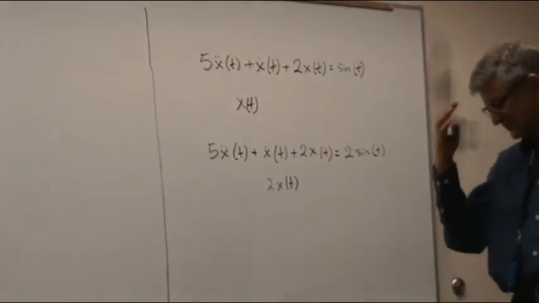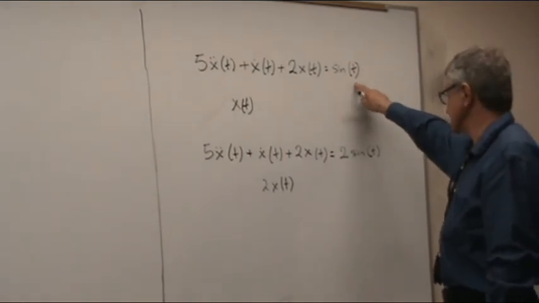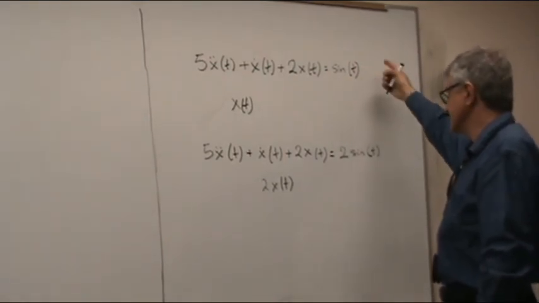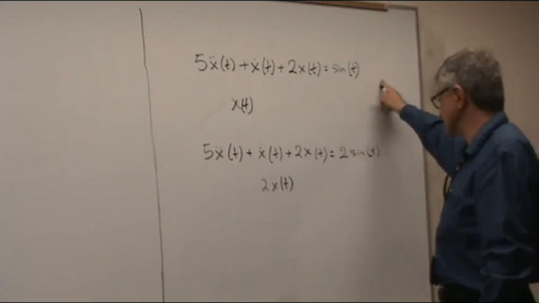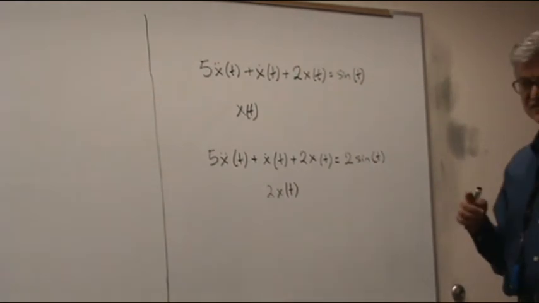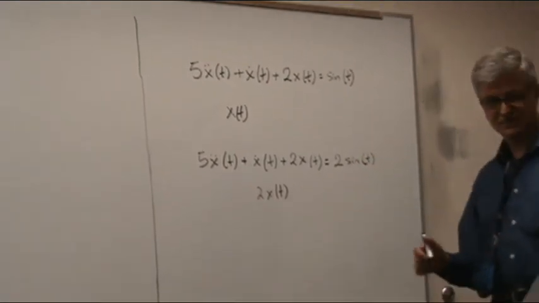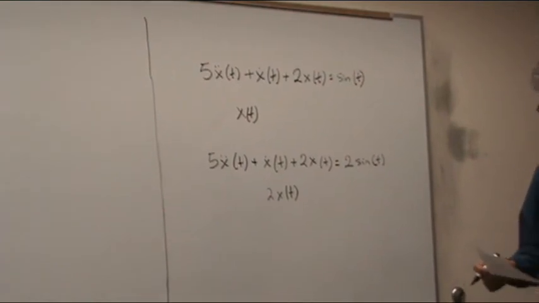If you have two different forces, sine of t and cosine of t, the sum of the two, well, if you calculate individual responses to the sine and cosine, then the response to the total is the sum of the two responses. Okay?